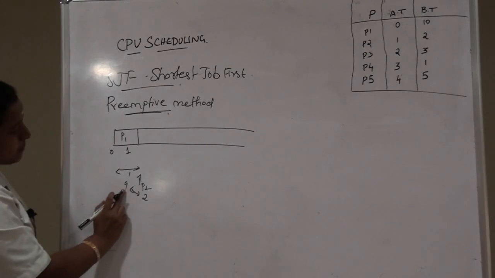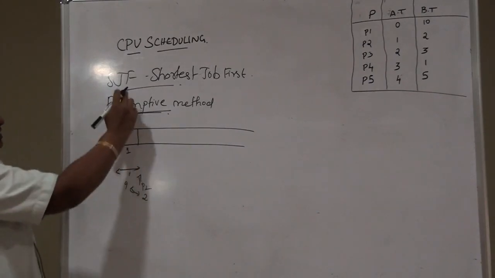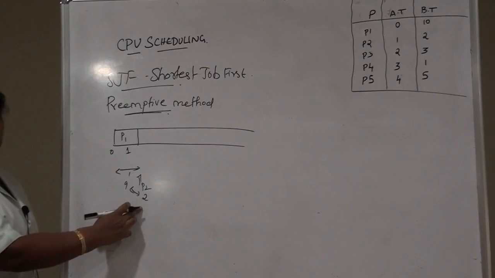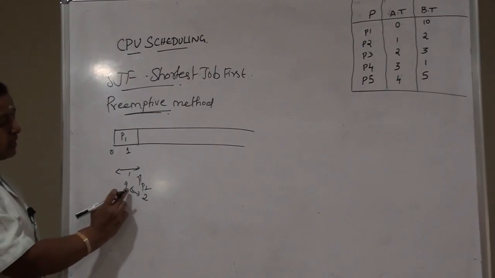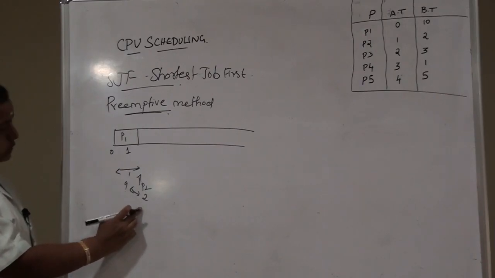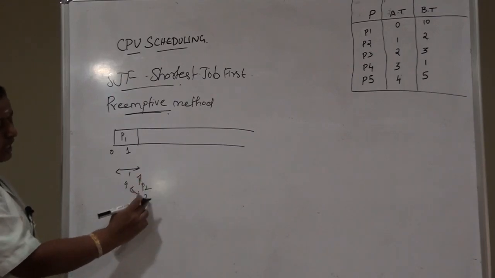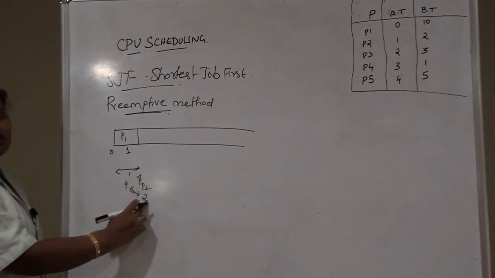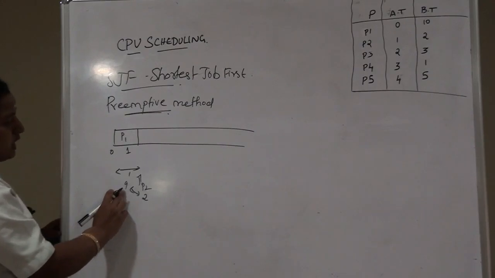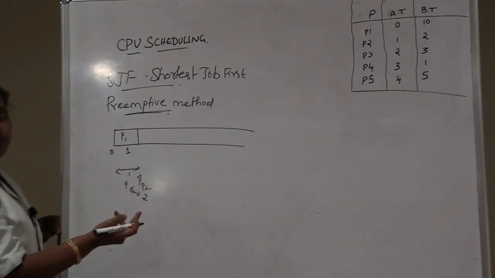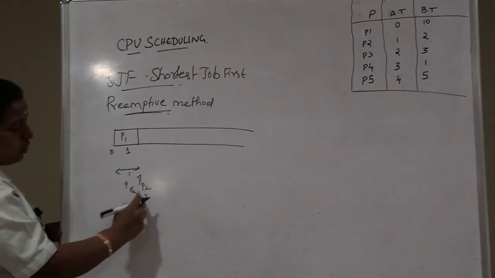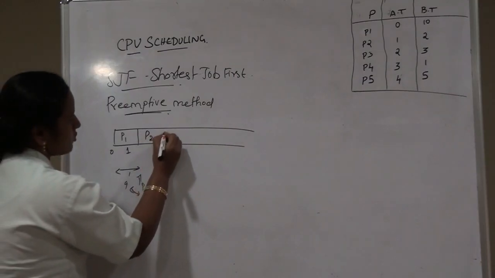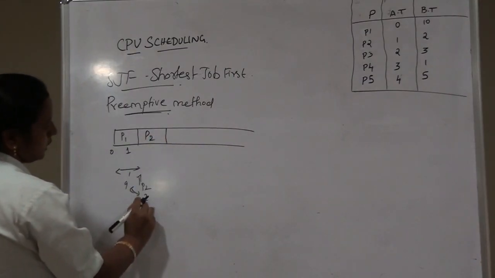By comparing the burst time of 9 and 2, because in SJF we have to take the less burst time, we take P2 into consideration. So P1 goes to the waiting state, and the next process to execute is P2.